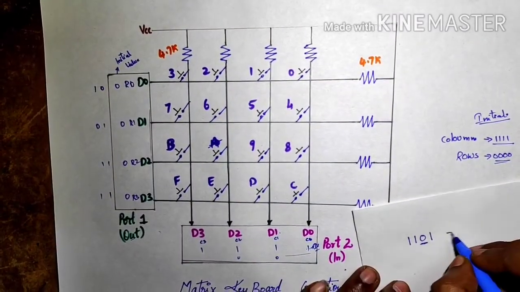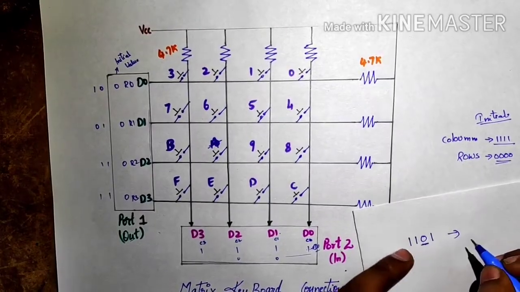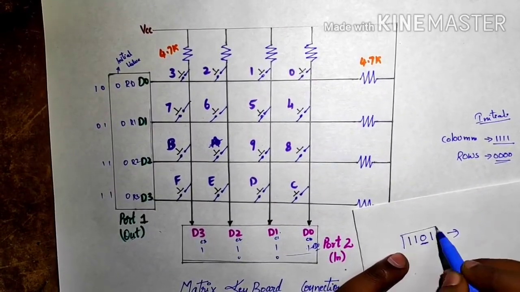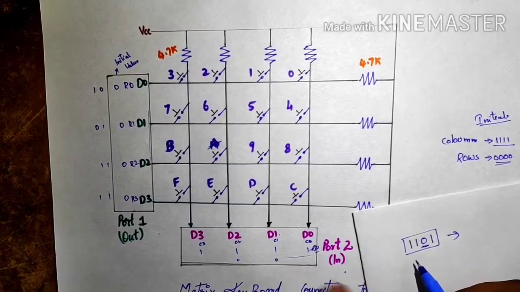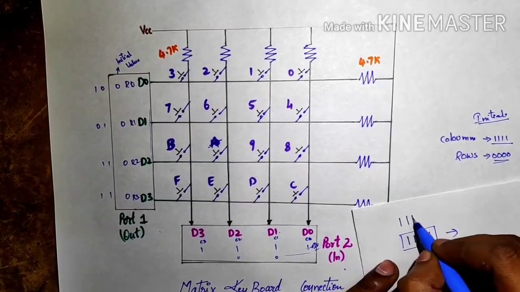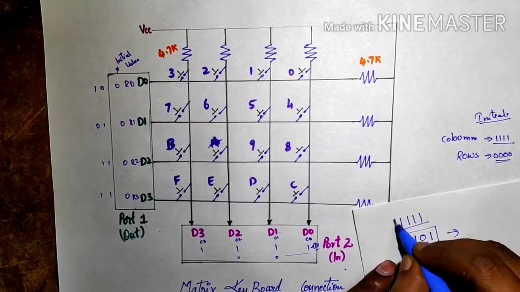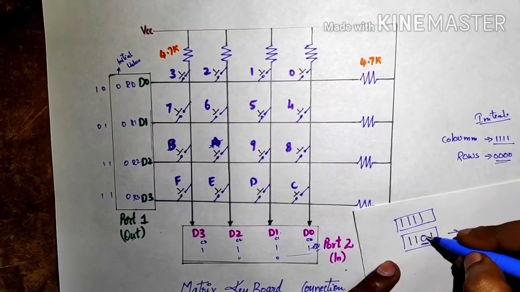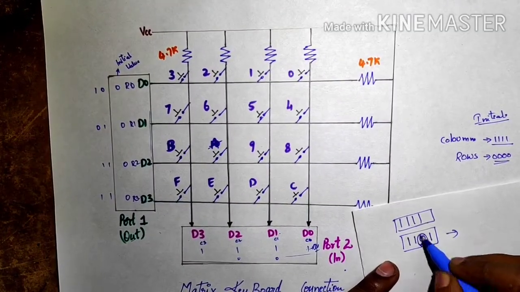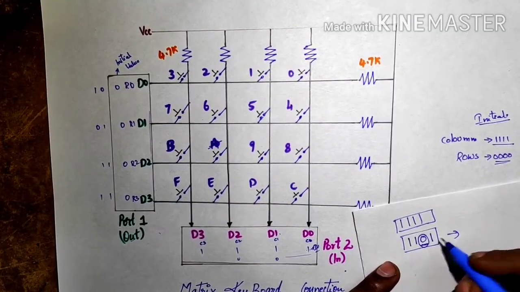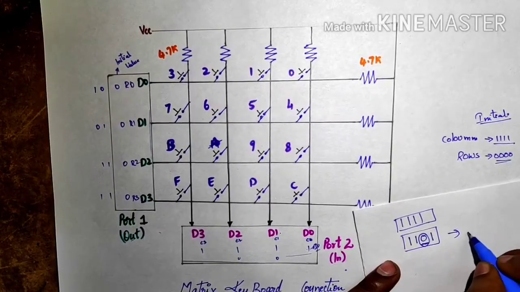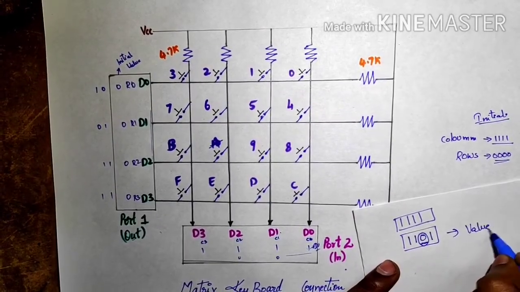We already said that the microcontroller will always read the values of columns. Previously the value of columns will be all ones, so this is the initial state. Whenever we are pressing a key, that will be reflected in our column. So there is a change in value of column.